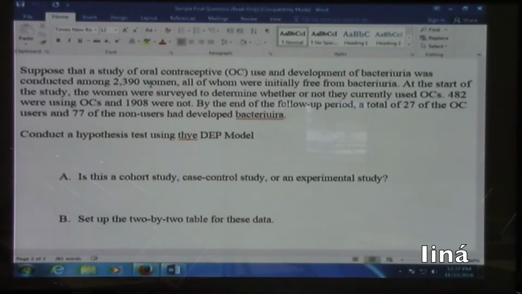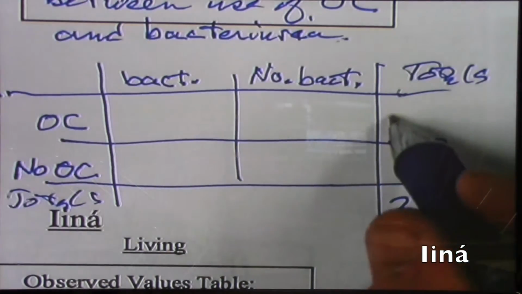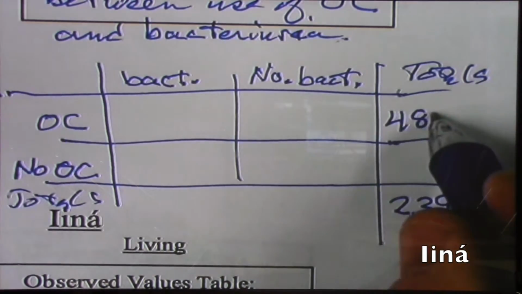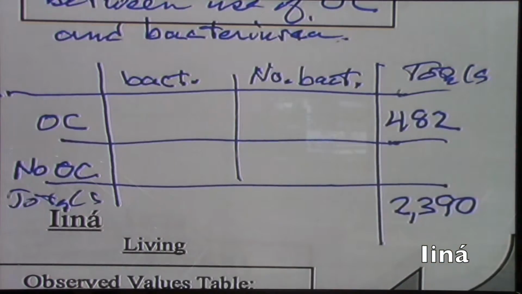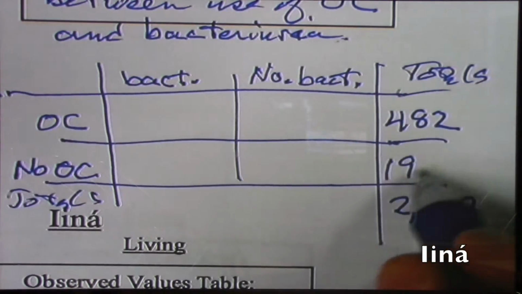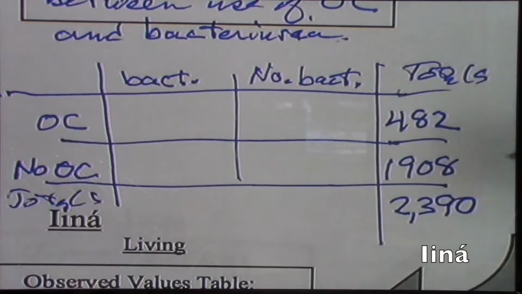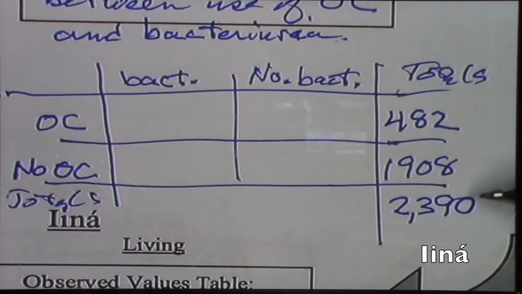At the start of the study, they figured out if they had used OCs or not. 482 did, 1,908 did not. So those are our exposed totals, so those also go in the totals. Then just check and make sure this adds up.